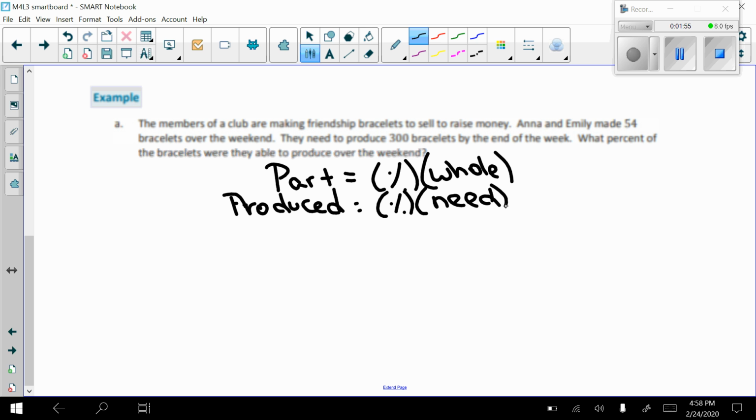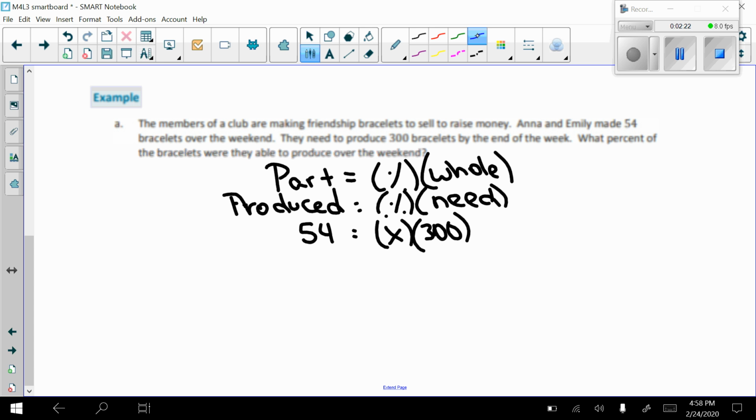So 54 equals X times the 300. So that is our equation to solve this problem.